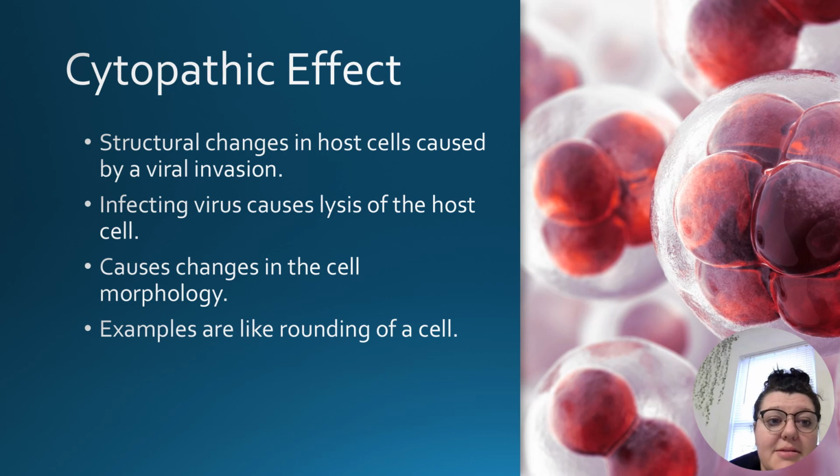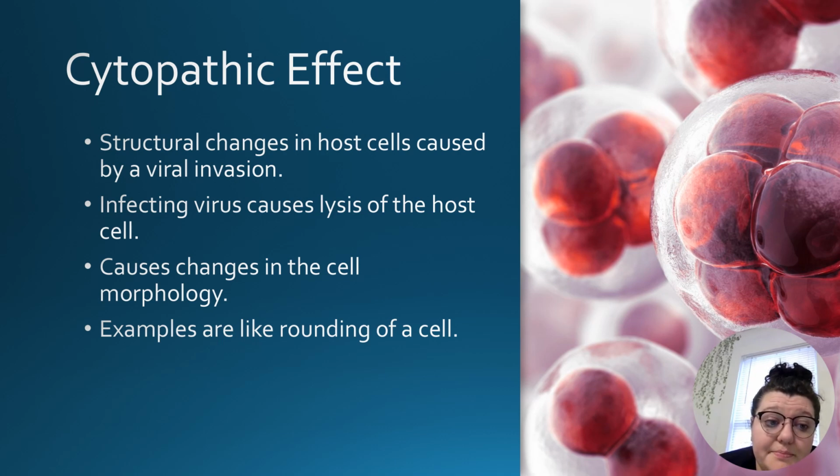Next, we'll talk about cytopathic effects on cells. This is when structural changes in host cells are caused by viral invasion. The infecting virus causes lysis of the host cell, which we talked about before was that bursting of that cell, and there's no coming back from lysis.